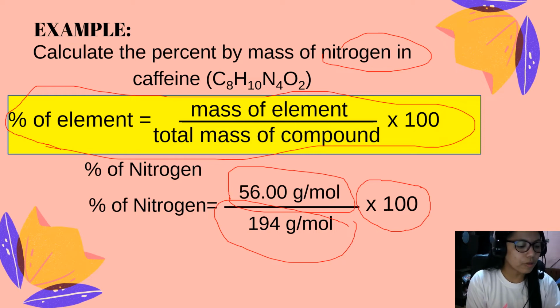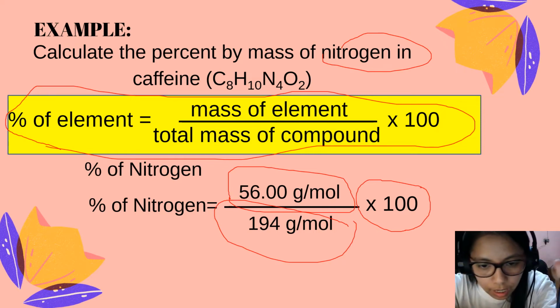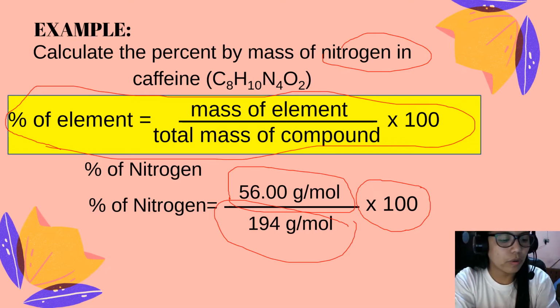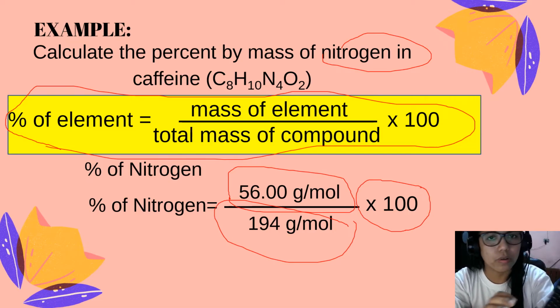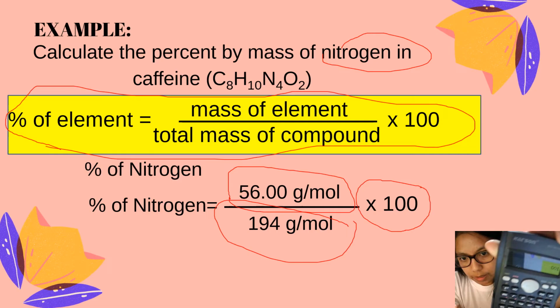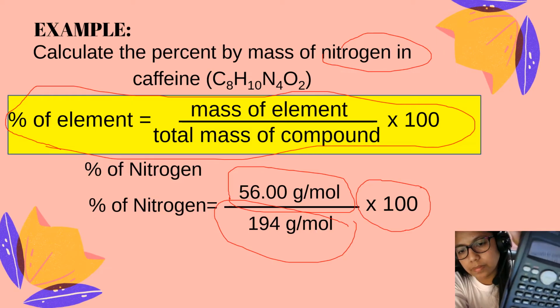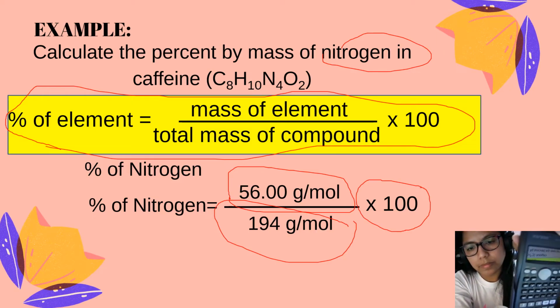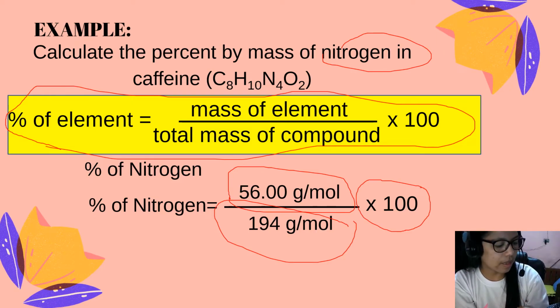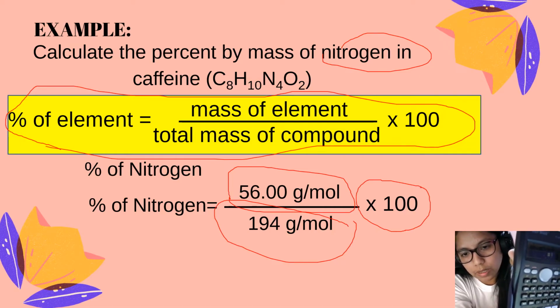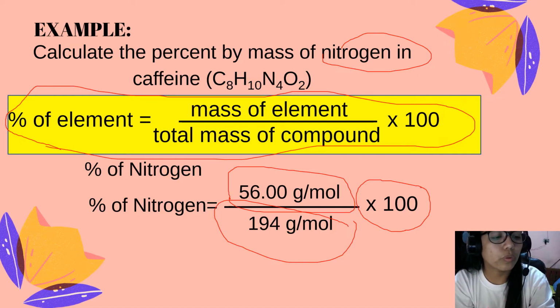So, I will show you how. Okay? This is the calculator. Ayan ang calculator natin. So, we have 56.00 divided by 194 is equal to 0.28.